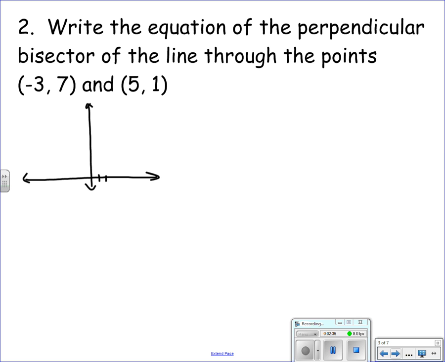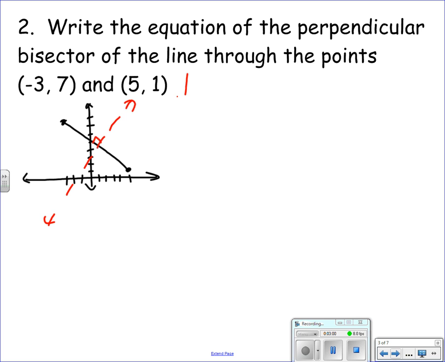So 1, 2, 3, 4, 5, and 1, 2, 3. So I have those points, and I want to find the equation of the perpendicular bisector. So it's a line that's perpendicular and passes through the midpoint.